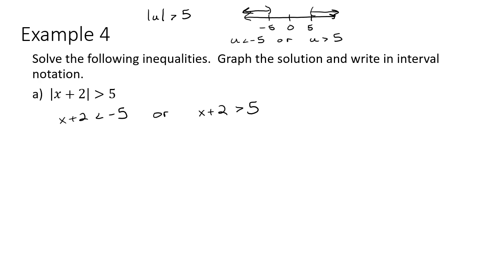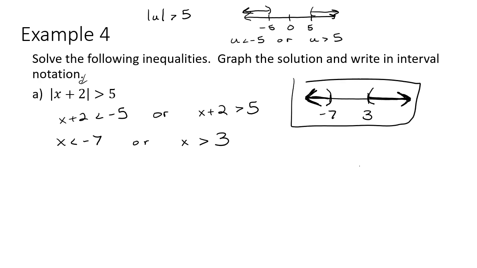So now, for both of these I just subtract 2, and I'm going to have x less than negative 7, or, subtracting 2, x greater than 3. So if I plot this, x less than negative 7, x greater than 3.